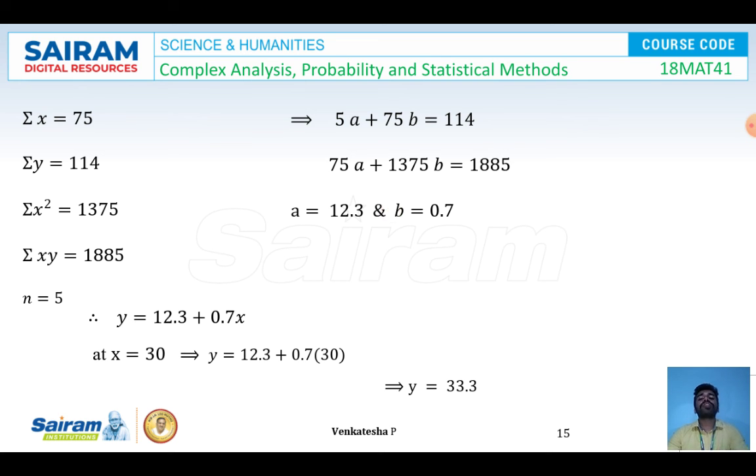So the straight line equation y is equal to a plus bx leads to y is equal to 12.3 plus 0.7x. Now we are supposed to estimate the dependent variable value when x is equal to 30. So I'm replacing x is equal to 30 in this equation. I got y is equal to 12.3 plus 0.7 times 30. So I got y is equal to 33.3.